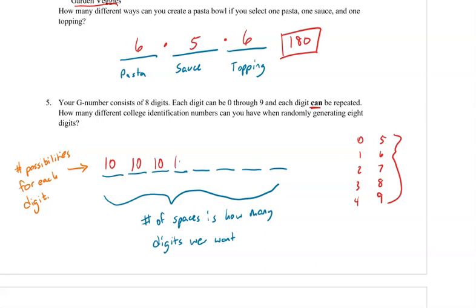Same thing for the third, and the fourth, and the fifth, sixth, seventh, and eighth. Again, we're just multiplying all of these numbers together, and we end up with 100 million as our answer.